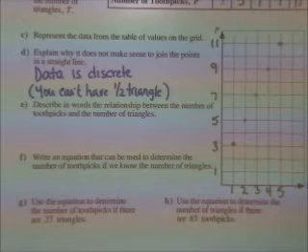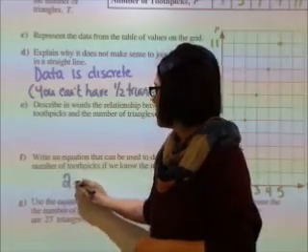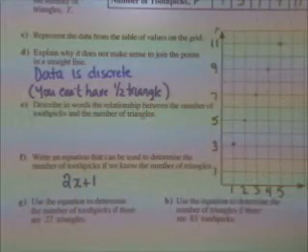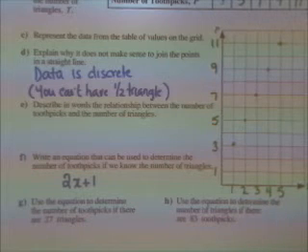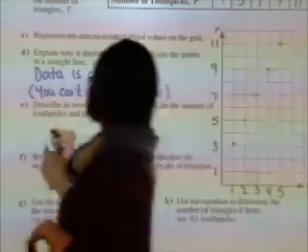That's not describing in words though. That's a formula. So what you had there, you said 2x plus 1. Describe that in words. So what word can I use for 2? Double the amount of triangles. Okay.